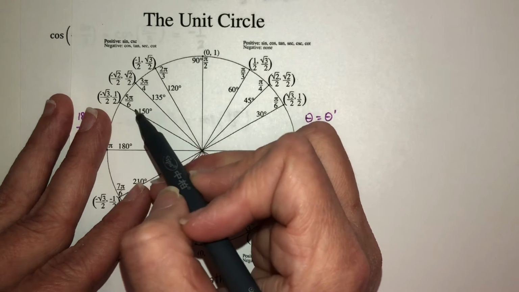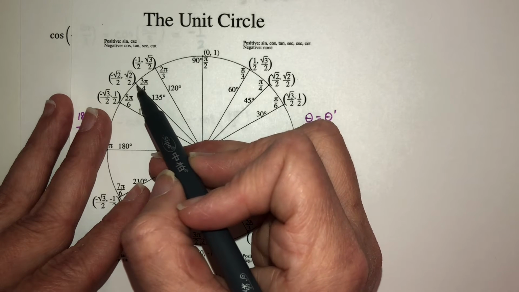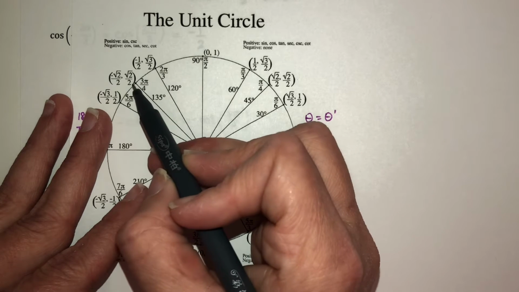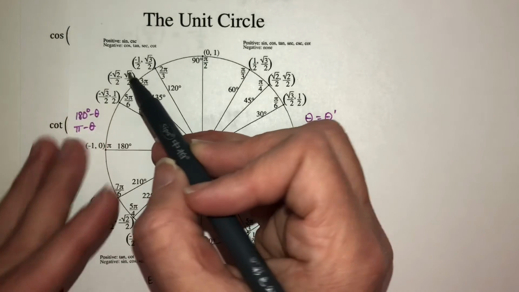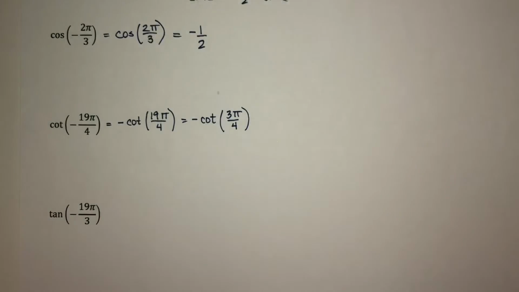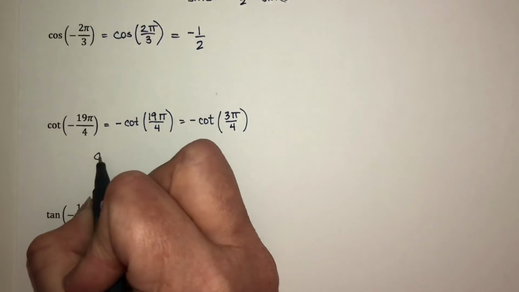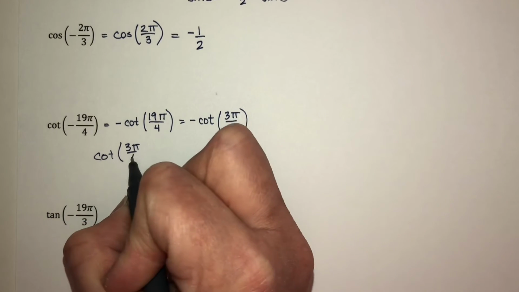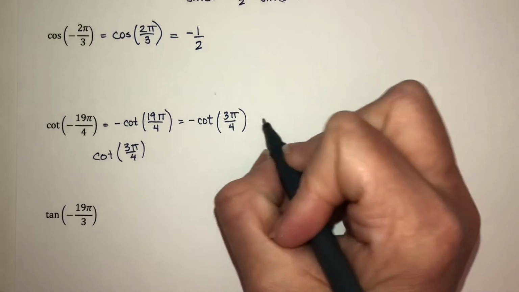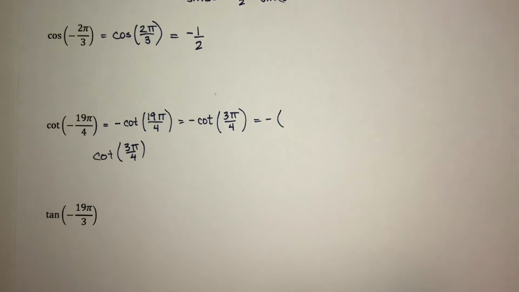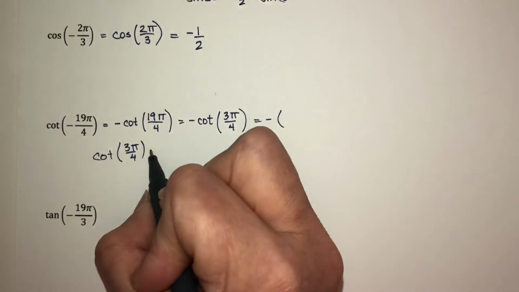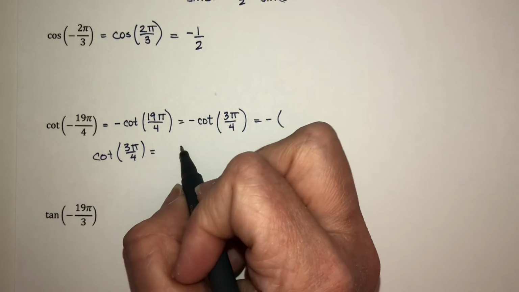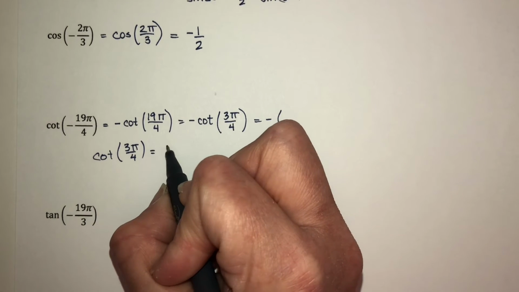Now remember that for cotangent, it is cosine over sine. So I need to do negative cotangent of 3 pi over 4. I'm ignoring this negative right here. Whatever answer I get, I'm going to put in these parentheses to multiply. This is your x value, which is cosine over sine.